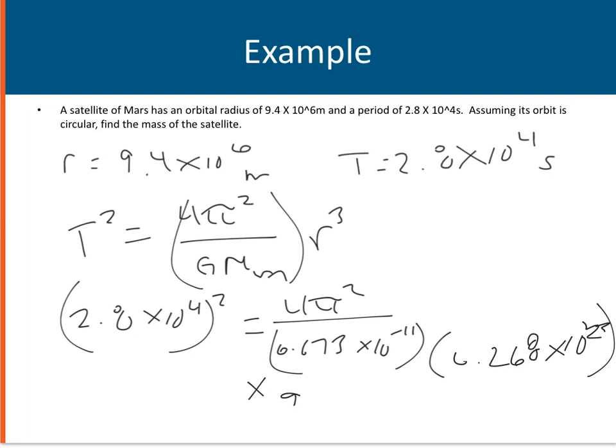So you'd multiply by 9.4 times 10 to the 6, that whole thing cubed. And then you should be able to get your answer. So it's really just a lot of plug and chug. It's nothing intense or really difficult to think about.